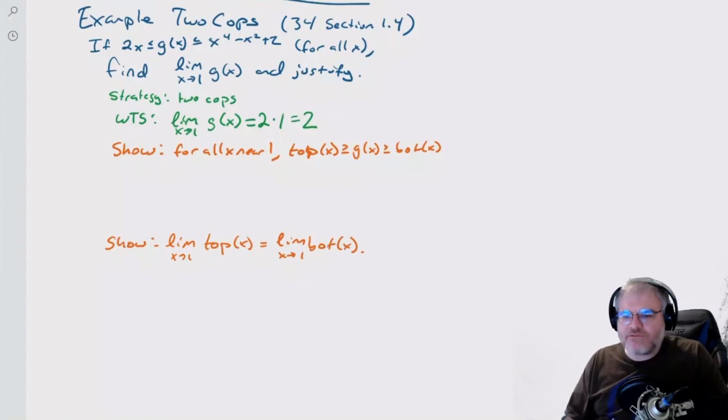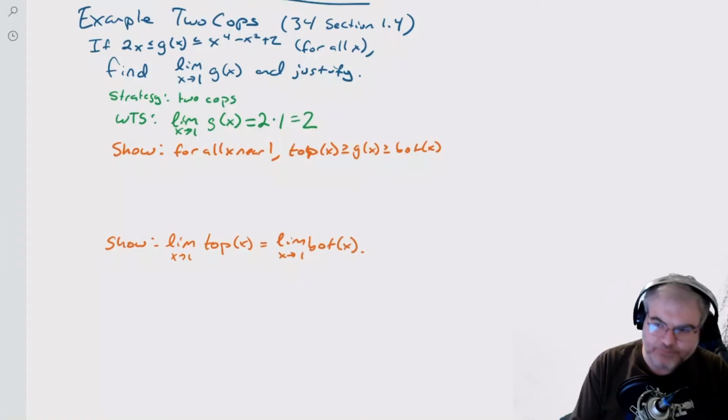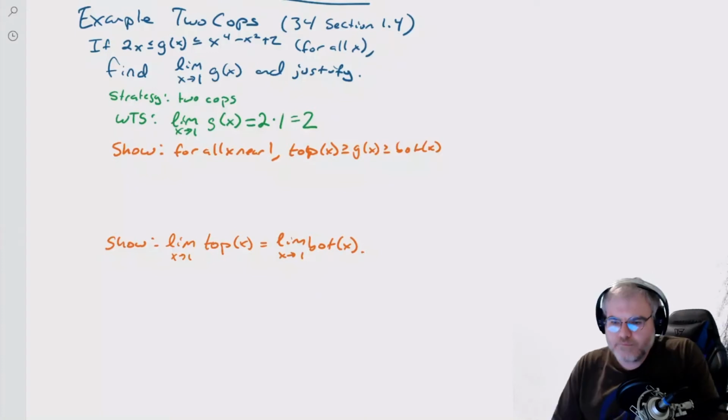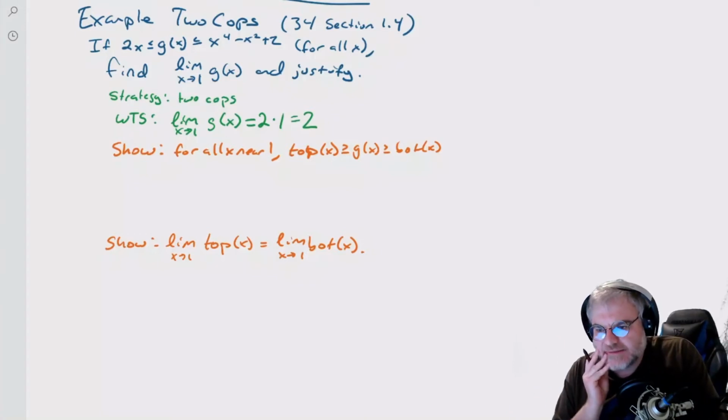So how do we feel about what has to be shown, 1 to 5? Because 2 cops tells me if these two things are true, then it has to be the case that the limit of g is what I say it is.